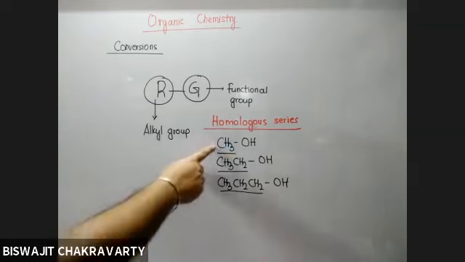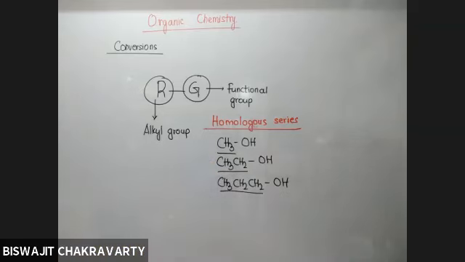When, during any conversion, the number of carbon atoms increases while the functional group stays intact, such conversions are referred to as step-up conversions. Stepping up means we are increasing.